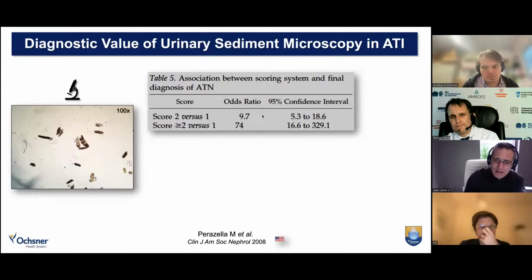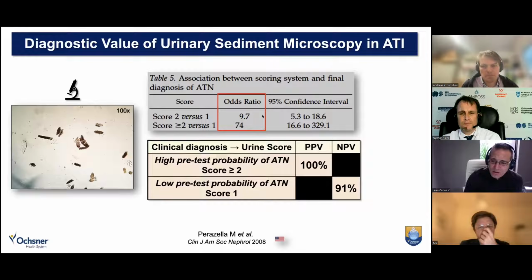And the bottom line is that if the score was 2 or higher, there was an increased odds ratio for diagnosis of ATN. And the diagnosis was confirmed by a different team of investigators in a retrospective fashion, by chart review. That was the way they did it. And when they looked at the actual positive predictive value in a patient with a high pretest probability of ATN, with a score of greater than 2, it was actually 100%.